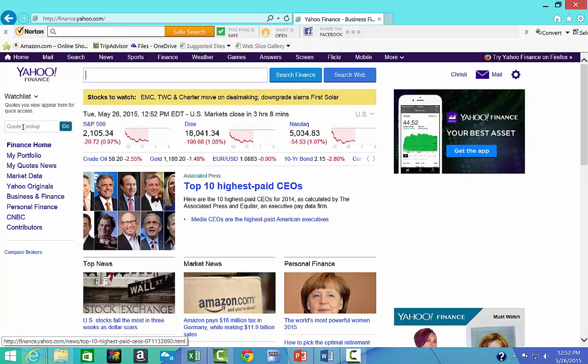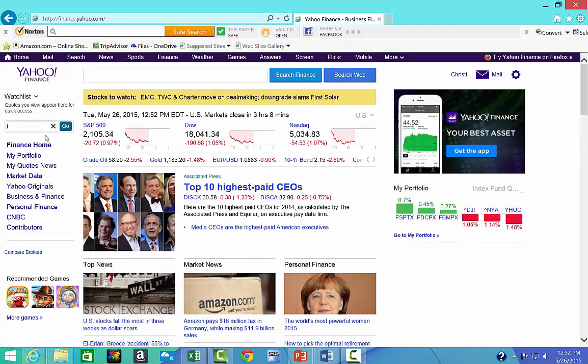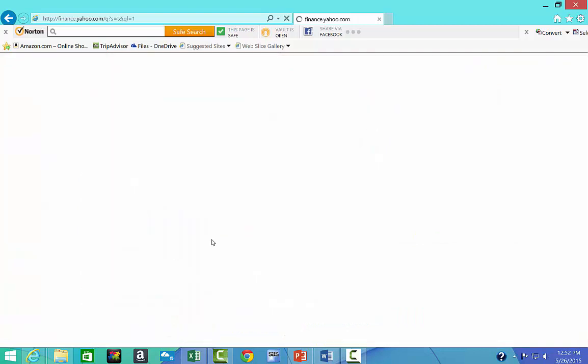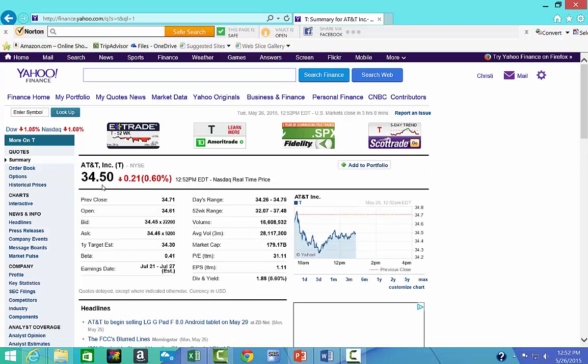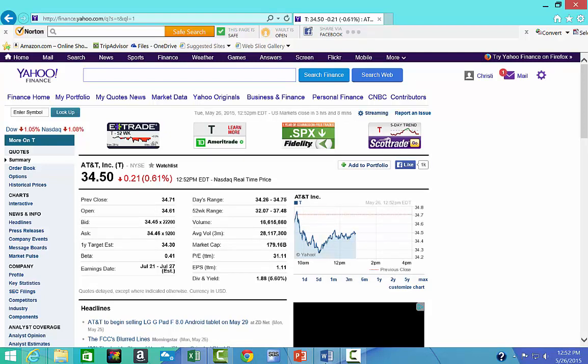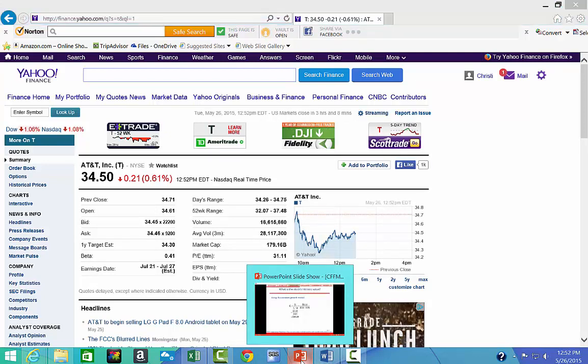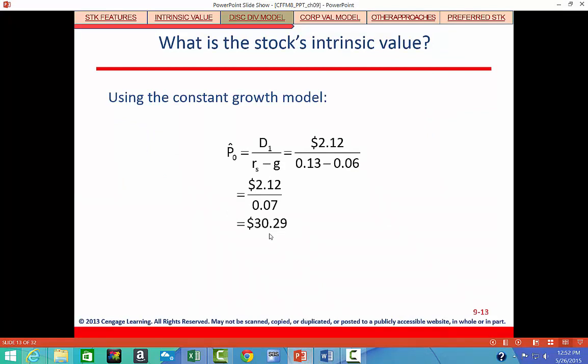And so the ticker symbol, you go over here to the quote lookup, it's just T for AT&T. And I see that the current price is $34.50.